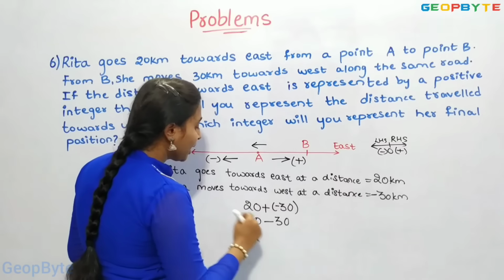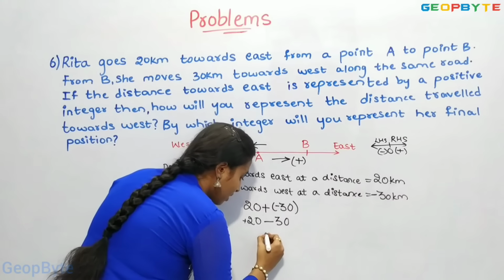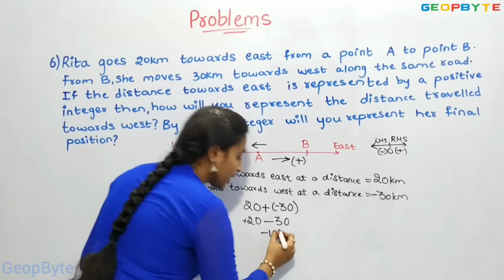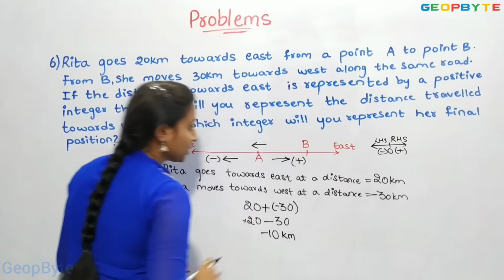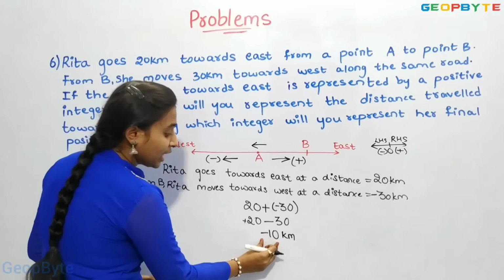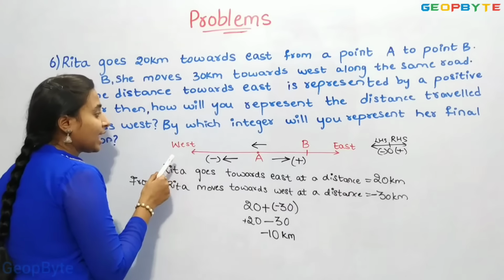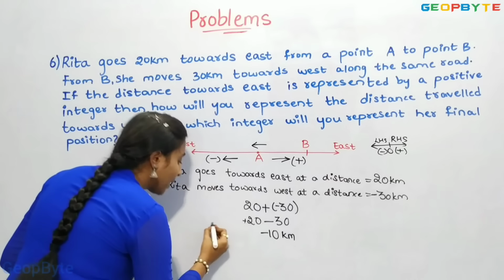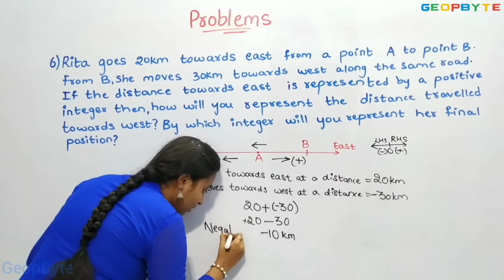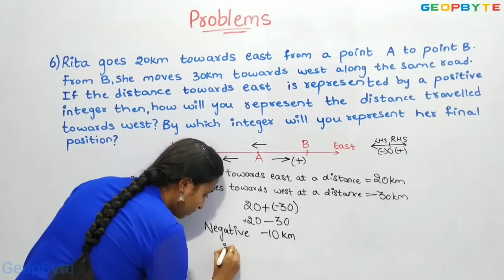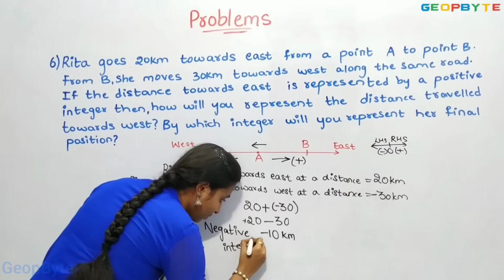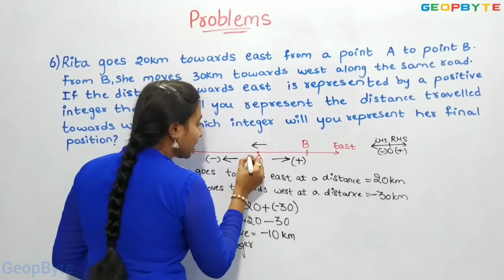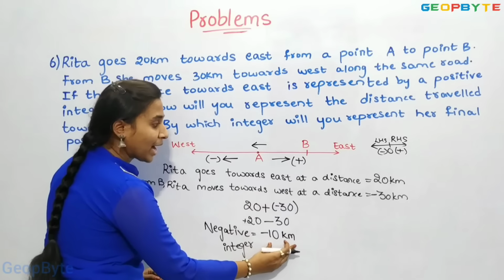That is 20 minus 30 is minus 10, as we have the minus sign for the larger number. That is minus 10 kilometers. Now we got the integer as negative integer. They have asked by which integer will you represent her final position? By negative integer. We will represent her final position from the point A towards the west, that is minus 10 kilometers.